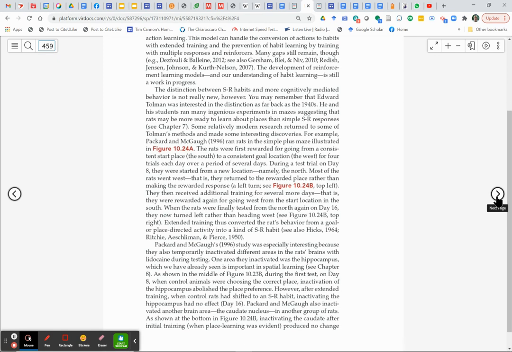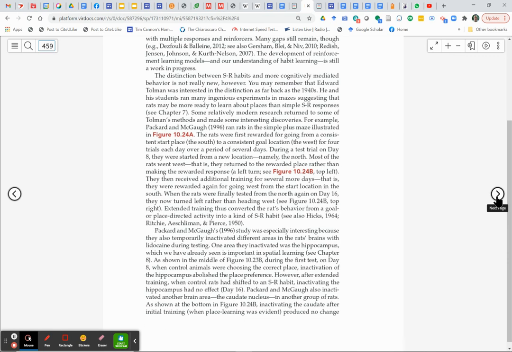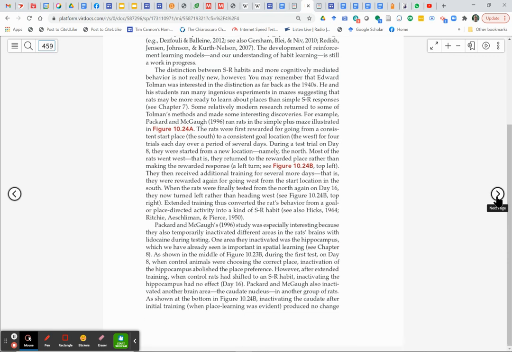And we're back to plus mazes and starting from one location, and you learn the response, or do you learn the orientation in space? And the bottom line is it depends. And it depends on training.